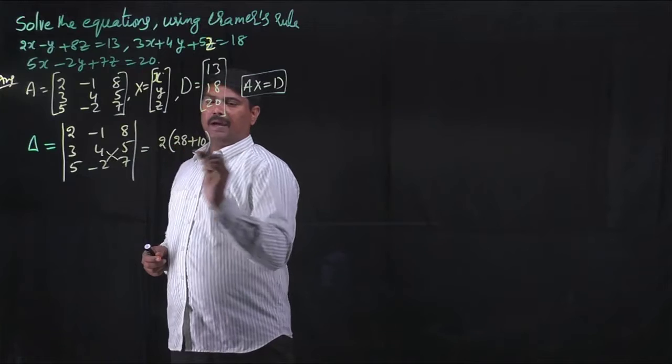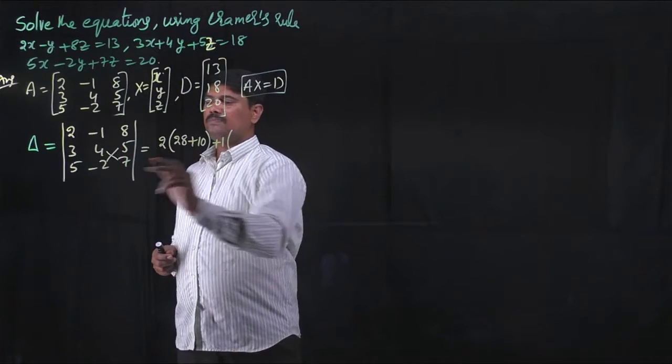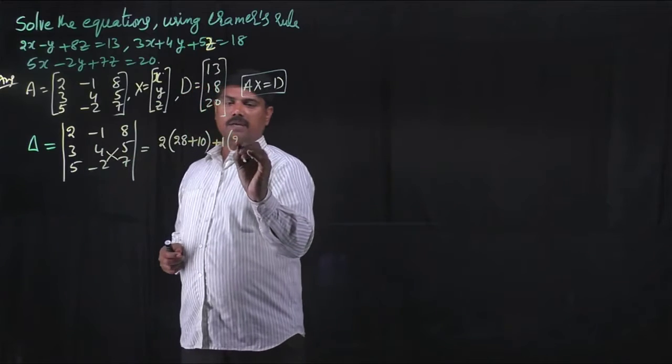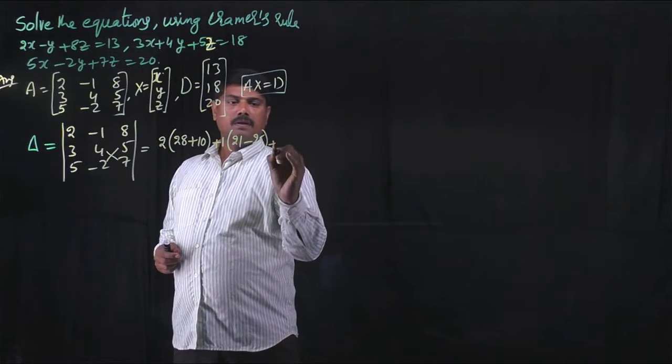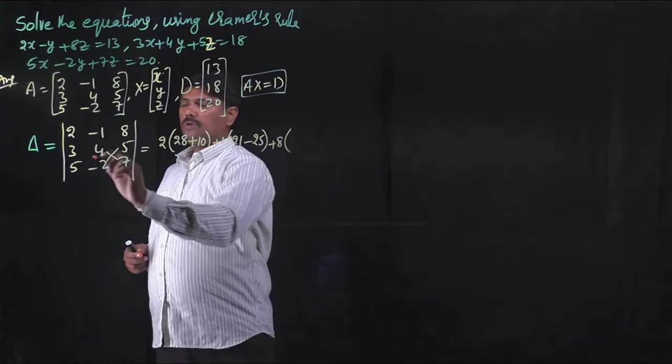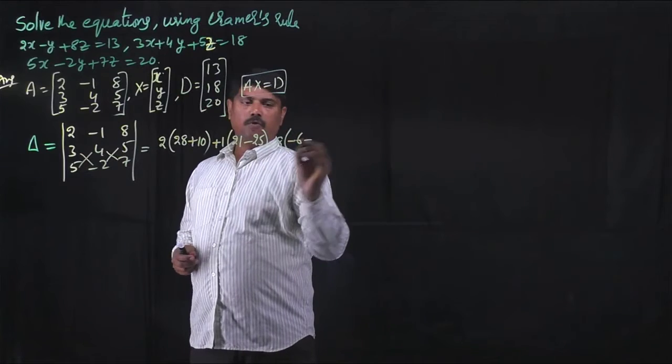Cofactor sign for -1 is minus, so minus of -1 becomes plus 1 into 7 into 3, 21, minus 5 into 5, 25, plus 8 into 3 into -2, that is -6, minus 4 into 5 is 20.